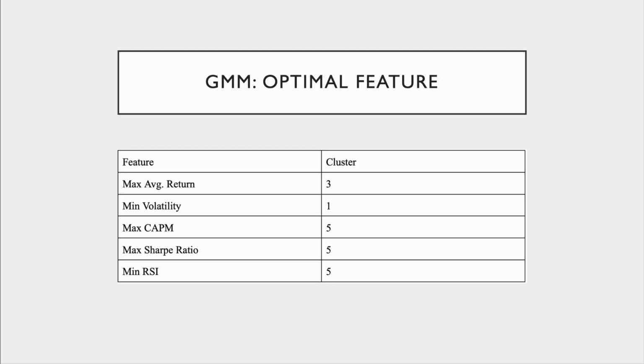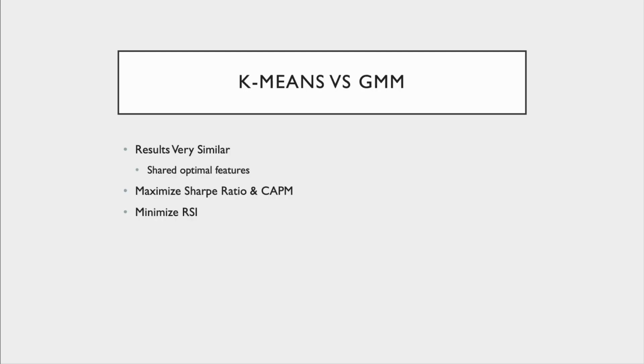We then also found the optimal cluster per feature, and once again, cluster 5 for GMM as well represented our max CAPM, max Sharpe, and min RSI, which are features we hope to use in our portfolios. Comparing k-means and GMM, we found that the results were very similar as we saw in the graphs before, and they shared optimal features across the clusters. Both k-means and GMM sought to maximize Sharpe ratio and CAPM in some of the clusters while minimizing RSI.